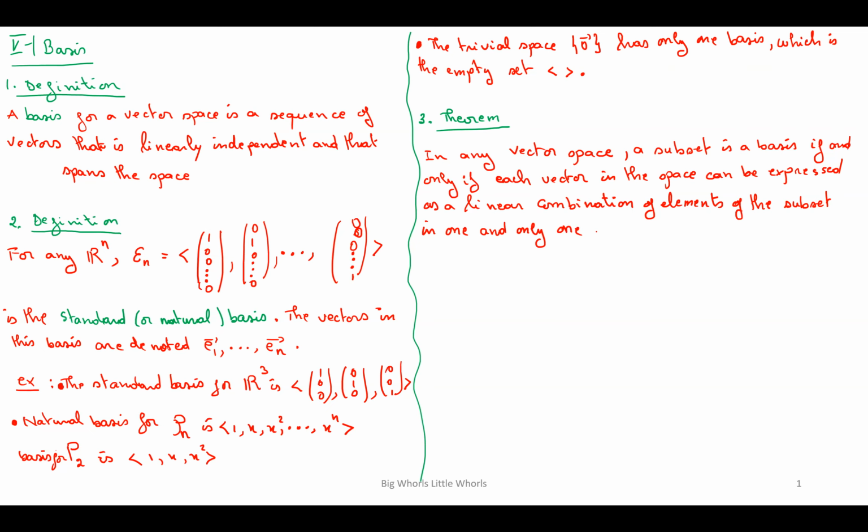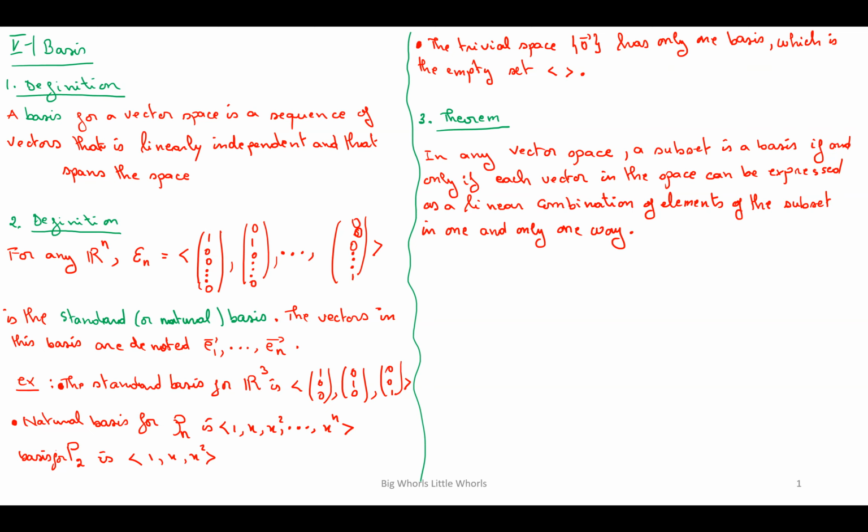So this theorem is also important to prove if a subset is a basis. In any vector space, a subset is a basis if and only if each element of that space can be written as a linear combination of the elements of the subset in one and only one way.